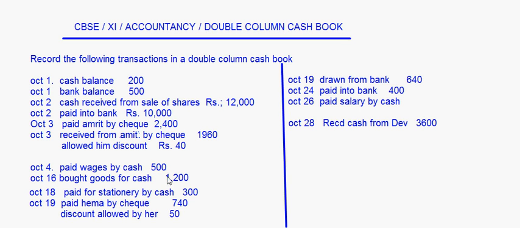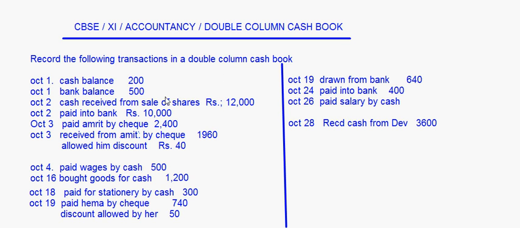Then paid wages by cash, bought goods for cash, paid for stationery by cash, paid Hema by check, and discount allowed by her is 50 rupees. Drawn from bank, withdrawn cash from bank 640, paid into bank, deposited into bank 400, paid salary by cash, received cash from Dev 3,600, right?